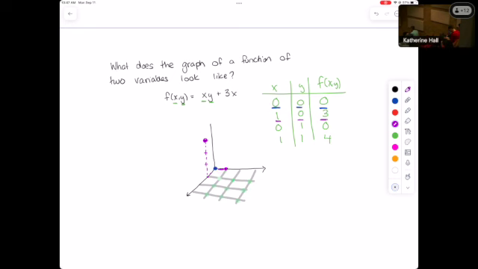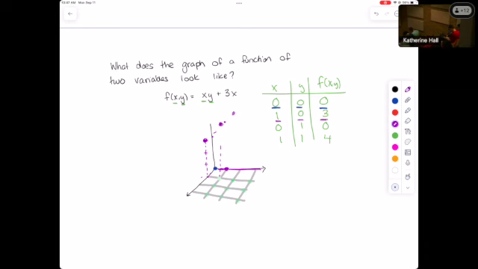Really along this whole line will be 0 when x is 0. 1, 1, we went up to a height of 4 and so forth. So I can figure out for each of these what my height is going to be. And I have to fill that in for all of the points in between. And I'm going to get this set of points above here that shows what this is going to look like.